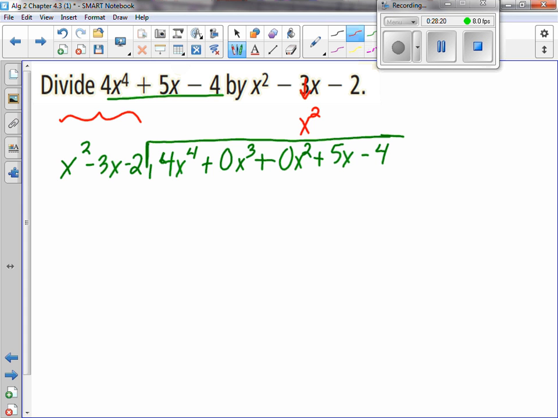So what times x squared will give me 4x to the fourth? 4x squared, isn't it? So because I had 3 terms here, I'm going to have to go over 3. It gave me the x squared, didn't it? Well, it also means my next one's going to be something with x and then a number, yes? So it kind of helps us out. Now, it could be that it's 0, or we don't have a number, but it kind of gives us the variables. So let's start this off.